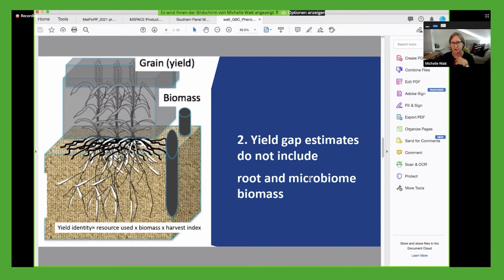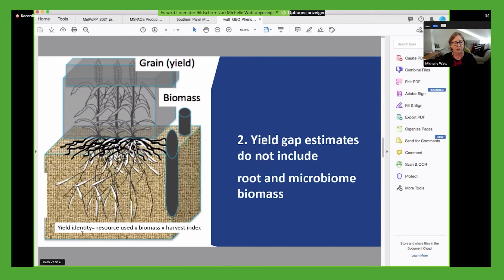yield gap estimates, which are used to estimate where yield gains can be made globally, do not include root and microbiome biomass. So basically in this image, this is a standard grass crop.